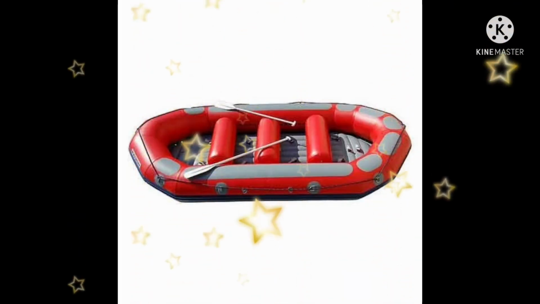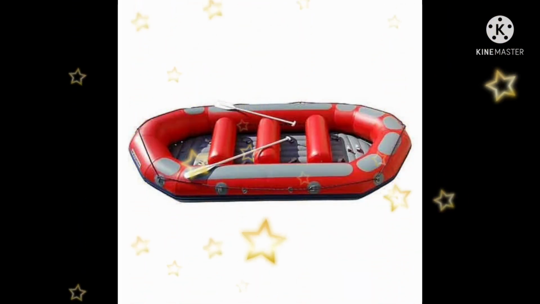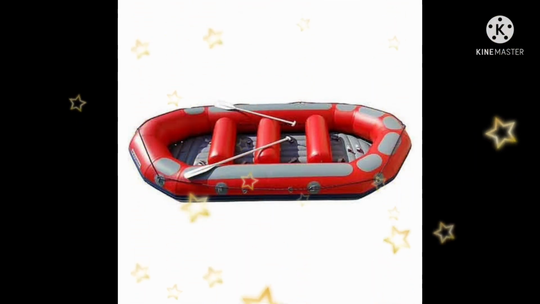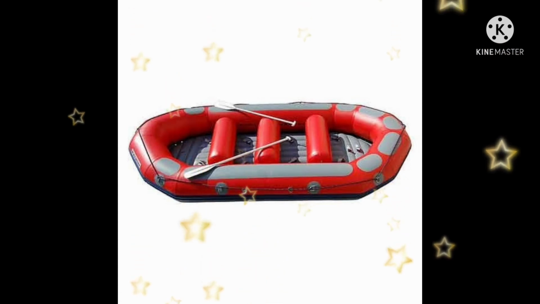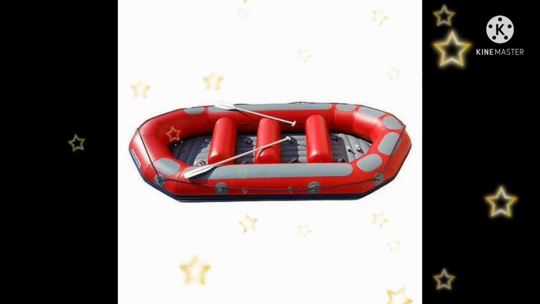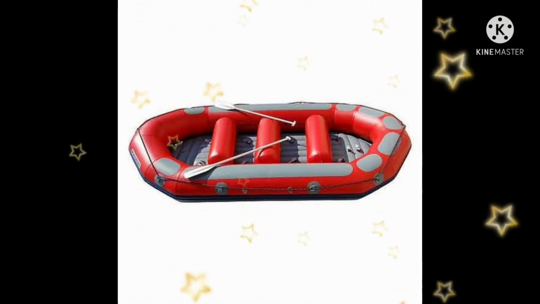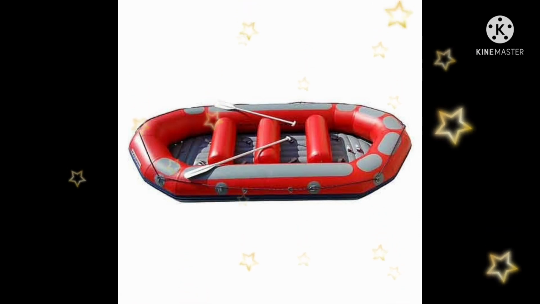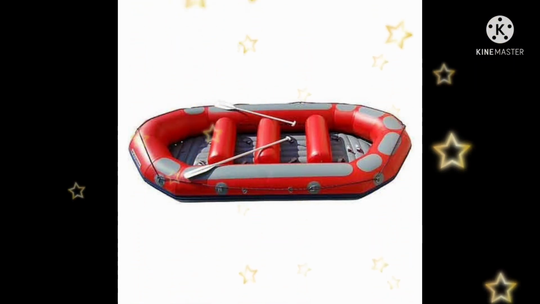And the fifth word that starts with the letter R. Have you seen this? Even I have not seen this. You would have seen this in pictures and on your television. This is called raft. R for raft.